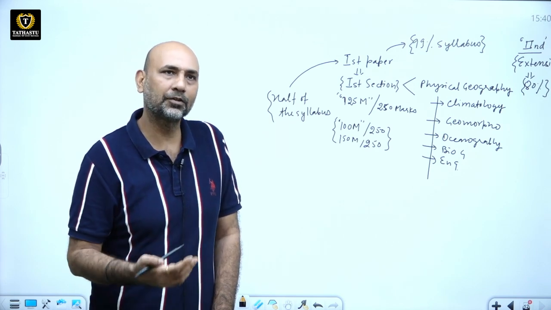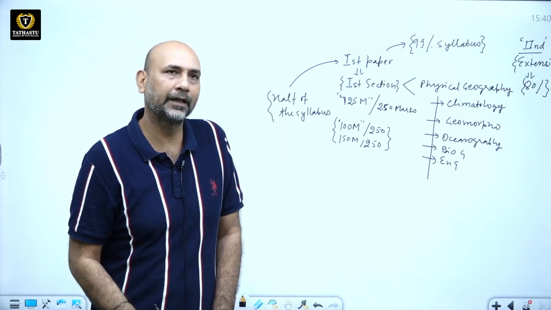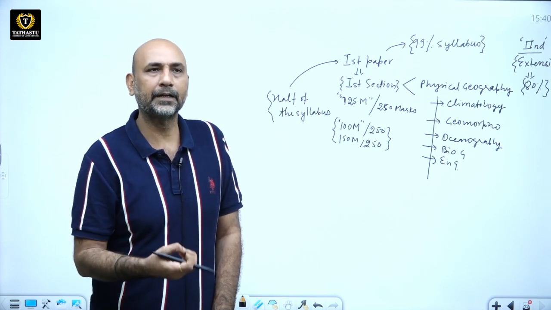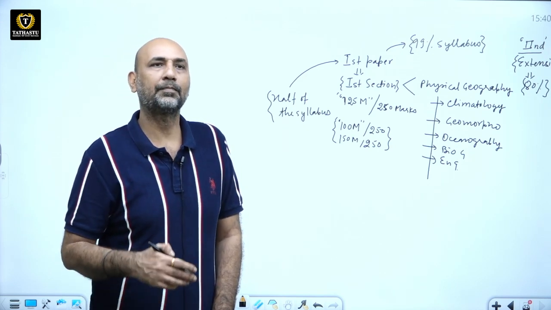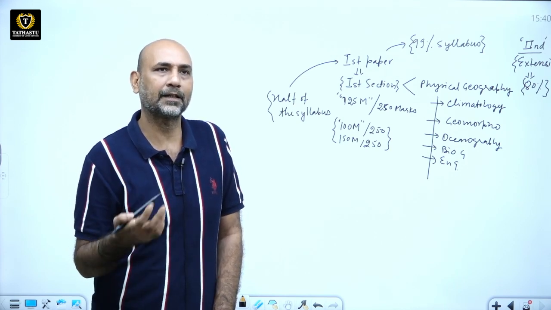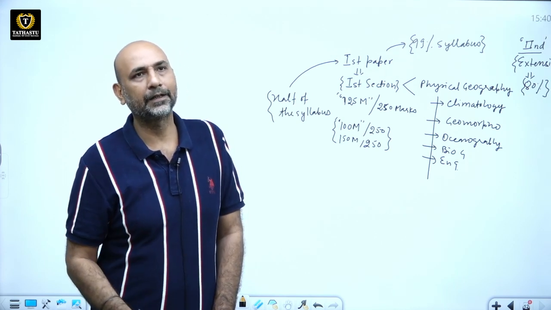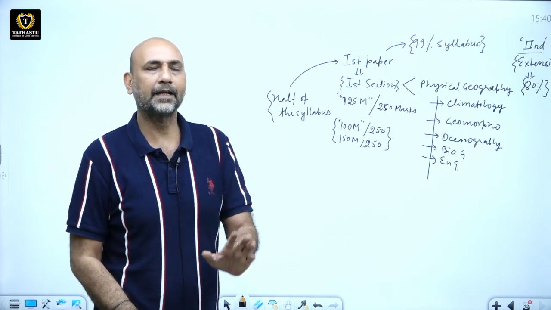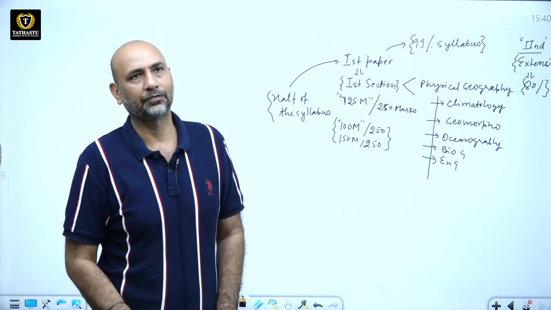Some books and magazines are also there, like Kurukshetra and Yojana, which give important articles on India: Indian planning, demography, population, settlement, landslides, environmental conditions. This way you can add to your knowledge. That is the dynamic aspect of Indian geography.